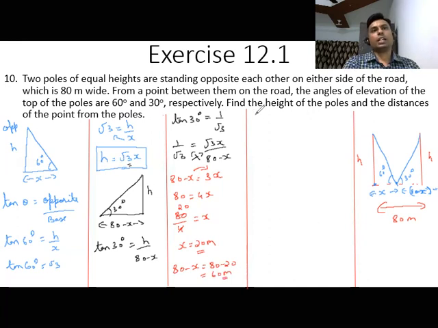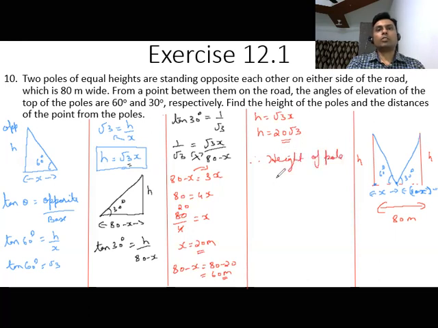What is the height? h is root 3x. So h will be 20 root 3. This is the height. Therefore, I can write height of pole is equal to 20 root 3 meters.